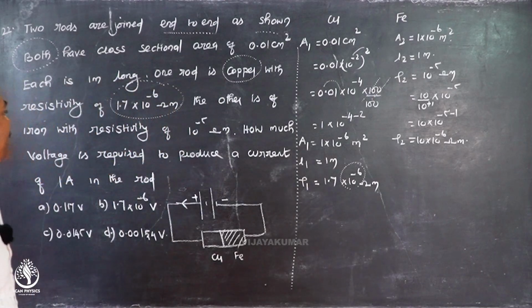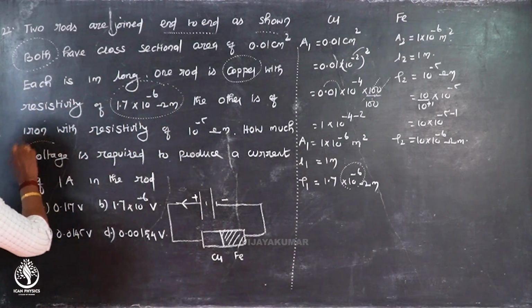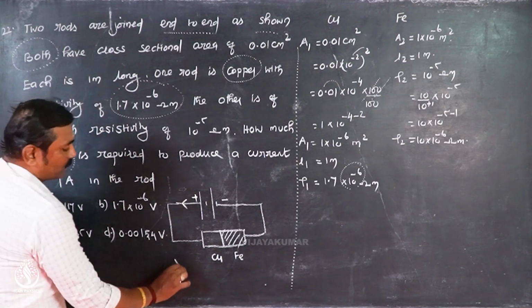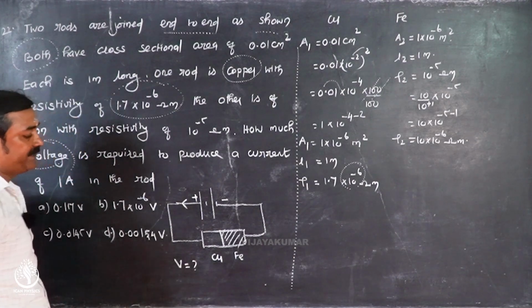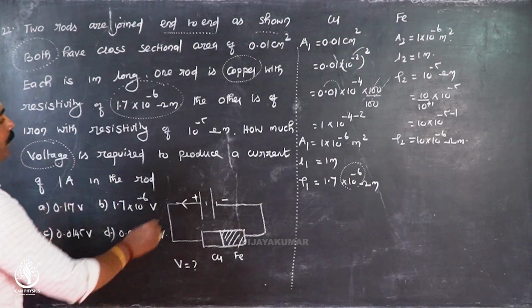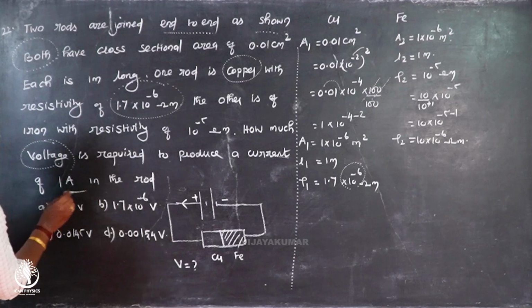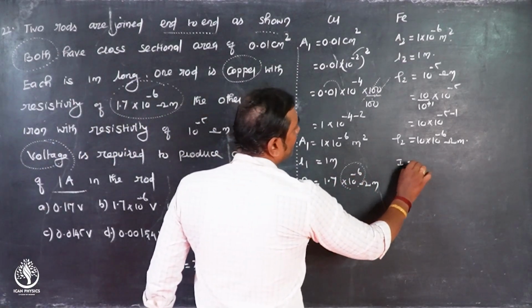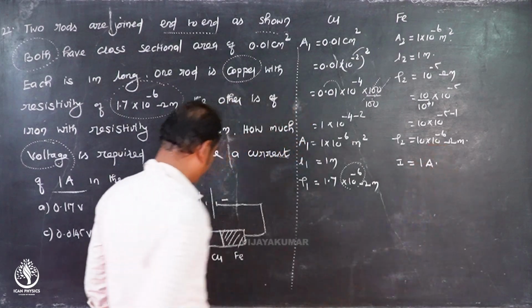How much voltage is required? So what is the value of V? To produce a current of 1 ampere, so current I equals 1 ampere.